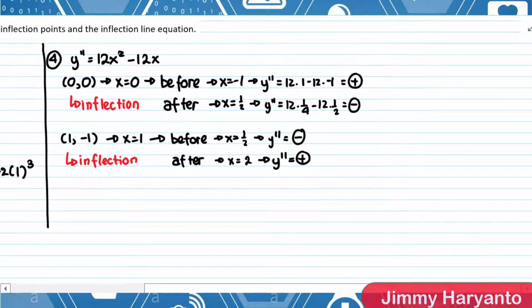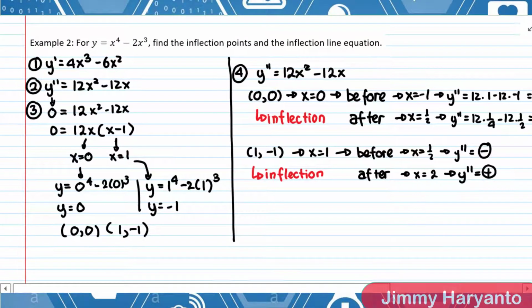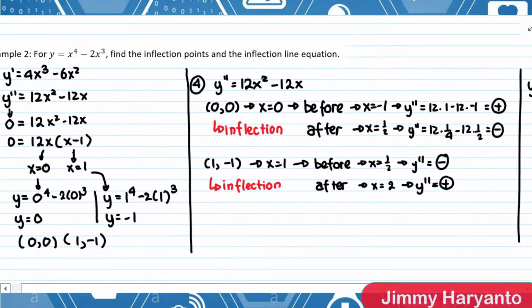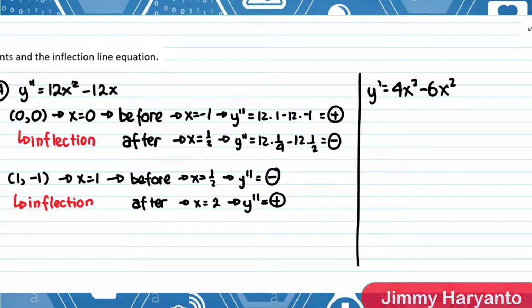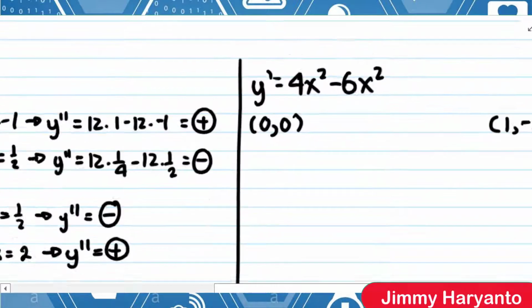To find the inflection line, you have to use the y-accent to find the gradient. Y-accent for x cubed minus 6x squared. Okay, good. Next is the point. The first point is x equals 0, and the second point is x equals 1.